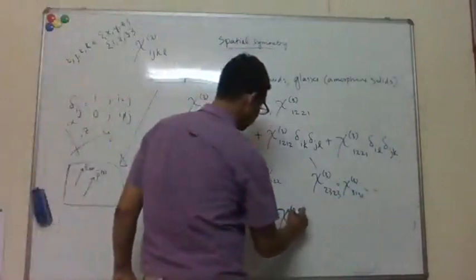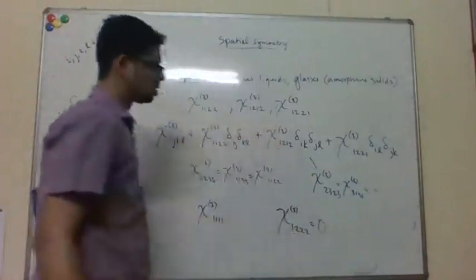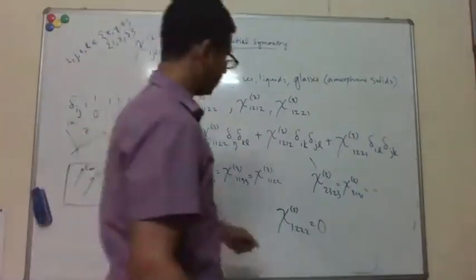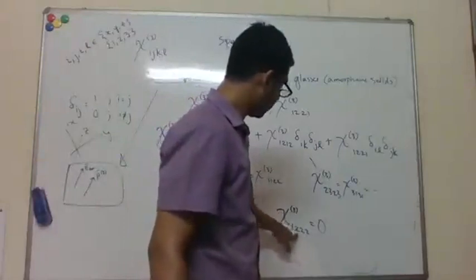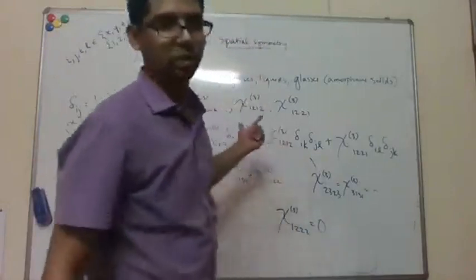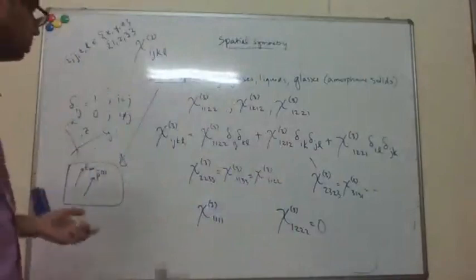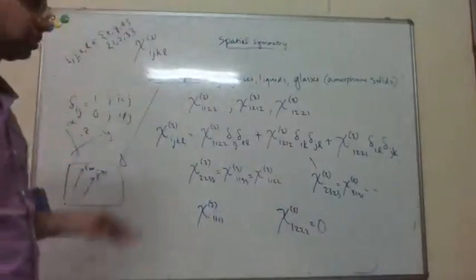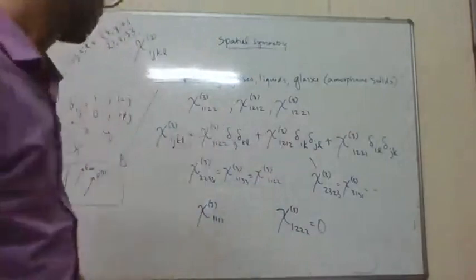Also, you can think about why other terms vanish. For example, if I look at chi 3, 1, 2, 2, 2, that's 0. Here I'm applying my input fields only in the two direction, and I'm looking at an induced polarization in the one direction. That cannot happen for an isotropic material, because everything looks the same; there are no preferred directions.